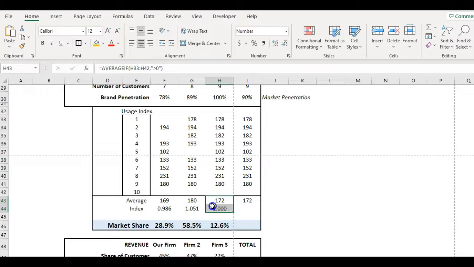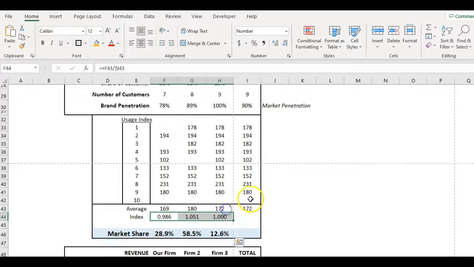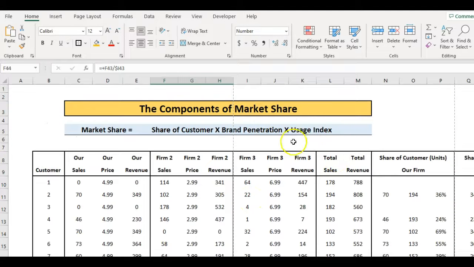So average users, slightly heavier users, and then slightly below average users. Not much in it, but if these numbers are substantially different, then there's an opportunity for us to go after either high or low users, depending on what we're after. So that becomes our index. So that's our third point.